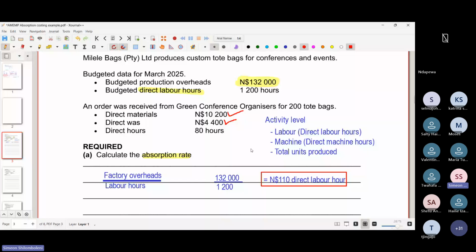And then you do it with each and every order that is coming in. At the end of the month, you will notice that all the orders that you have received have actually covered a little bit that went to overheads.